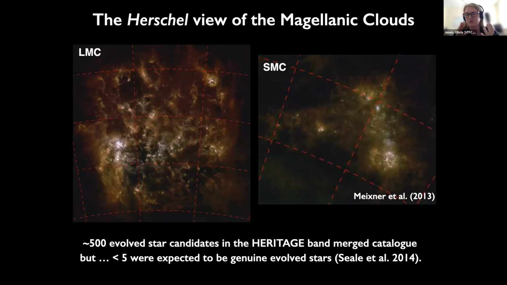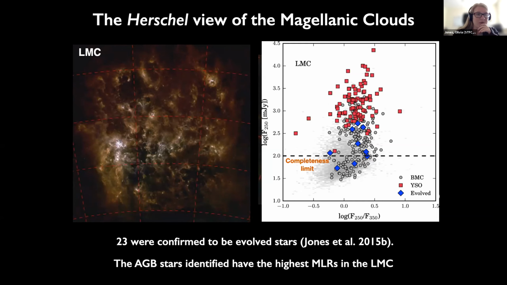But what if we were really missing some of these very few extreme stars that had large amounts of cold dust? Using all the wonderful multi-wavelength data, I did a deep dive into this sample of the bandmatch catalogue from Herschel, and we confirmed that 23 of these stars, which were detected in the far infrared, were evolved stars.